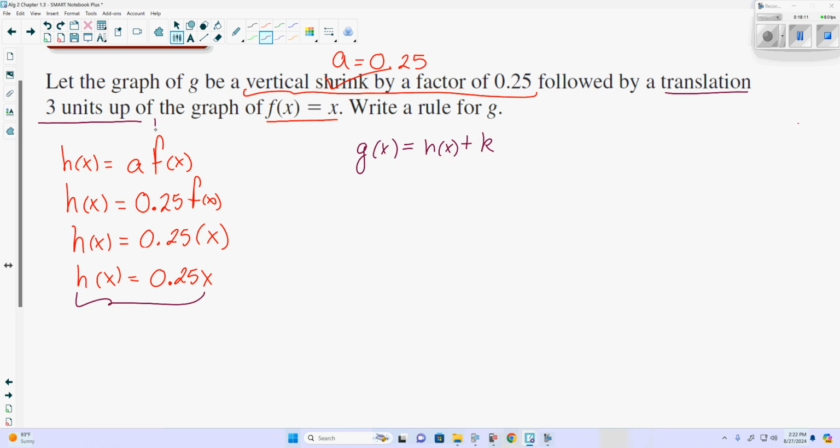Now for us here, our value of k is going to be 3. And it would be positive or negative? Positive because we're going up, so it's positive 3. So over here, we're going to replace k with positive 3. So we have g of x equals h of x plus 3.